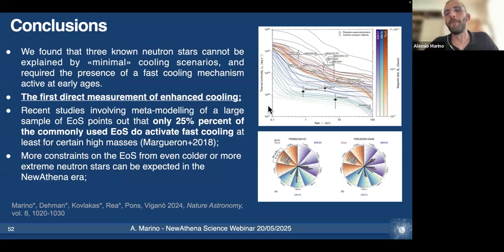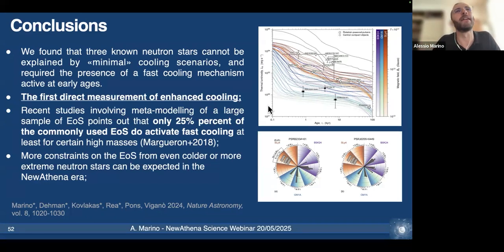If you think that just ruling out one equation of state is a little bit, let's say, not good, I agree, but just consider that there are several works that, for example, predicted only 20% of the commonly used equations of state activate enhanced cooling.